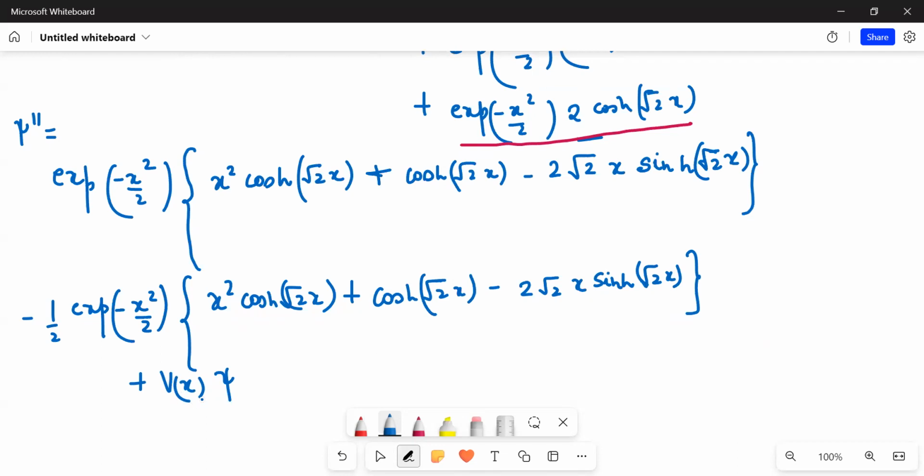We want to find the form of the potential, and this is equal to E psi.